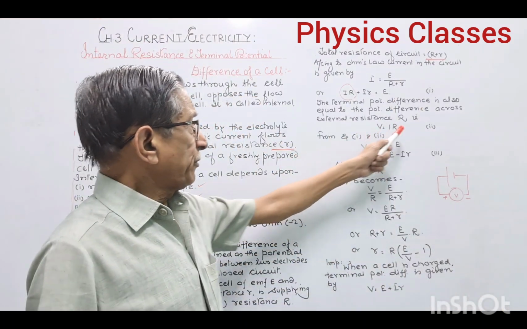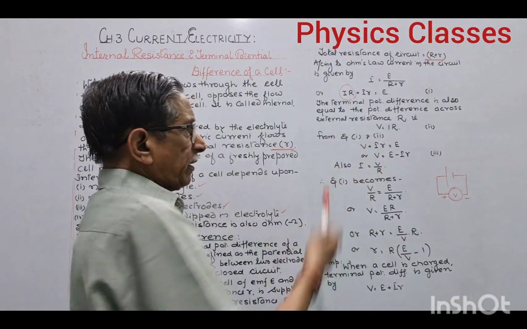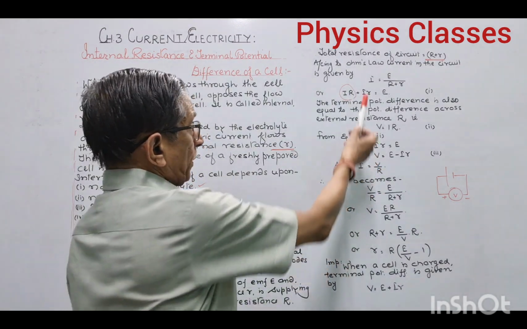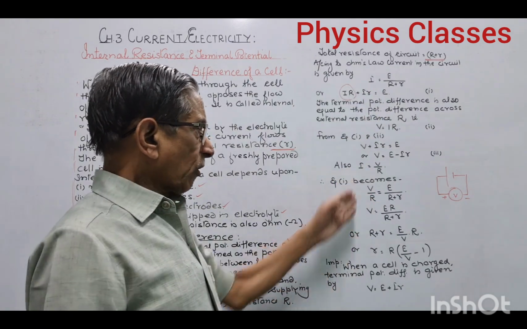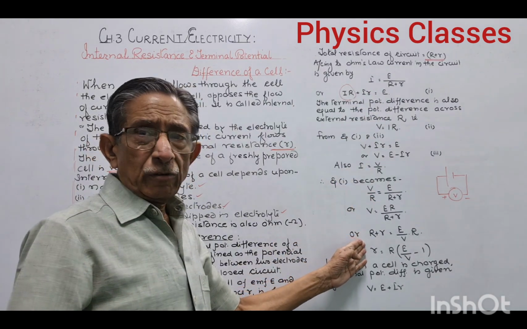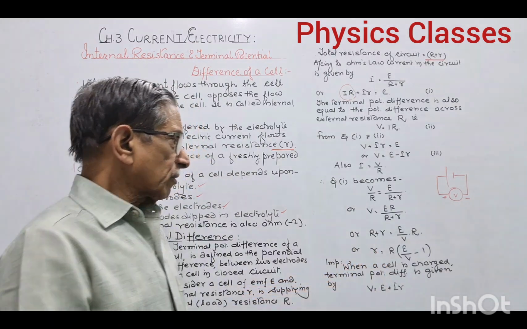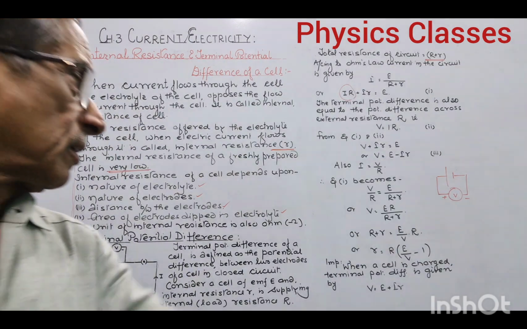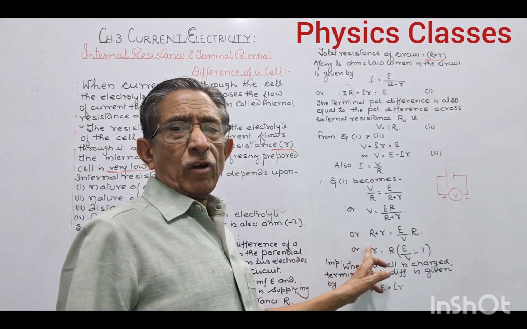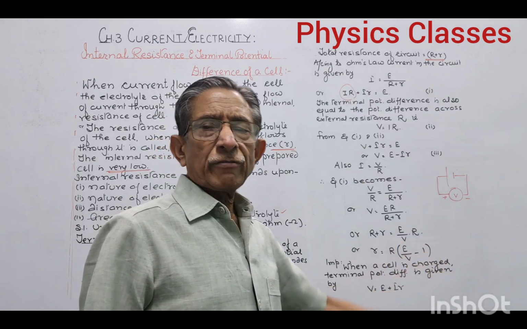From this equation, V is equal to IR, we can write I is equal to V upon R. So replace I by V upon R and solve it. When you solve, you will find the expression for internal resistance coming r equal to capital R times (E upon V minus 1).